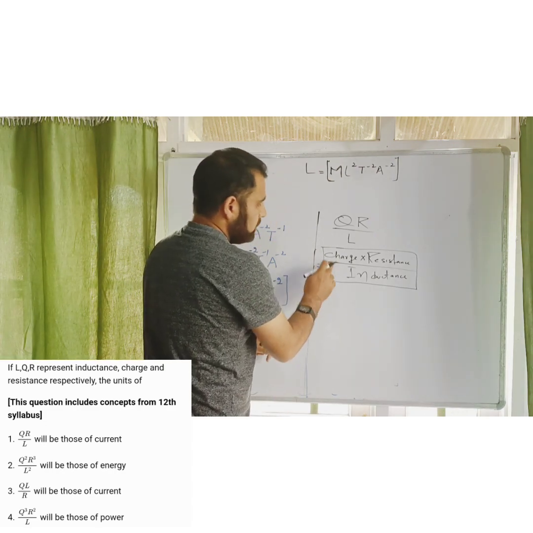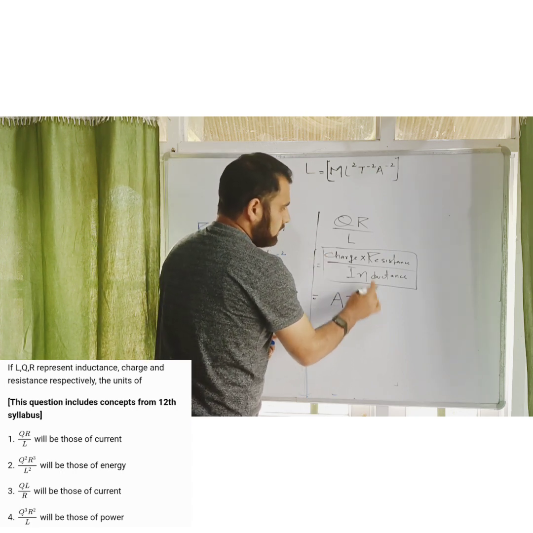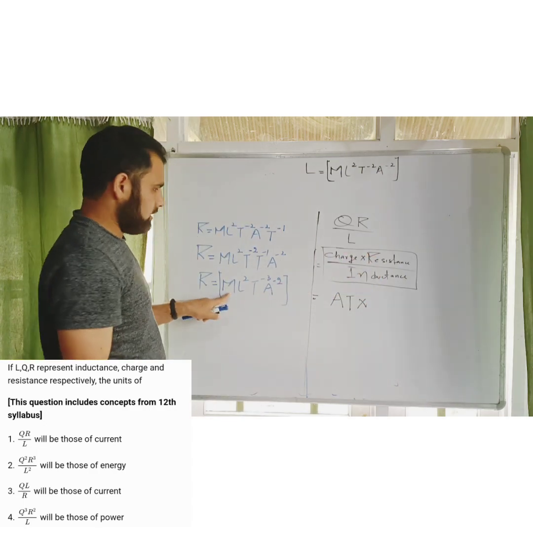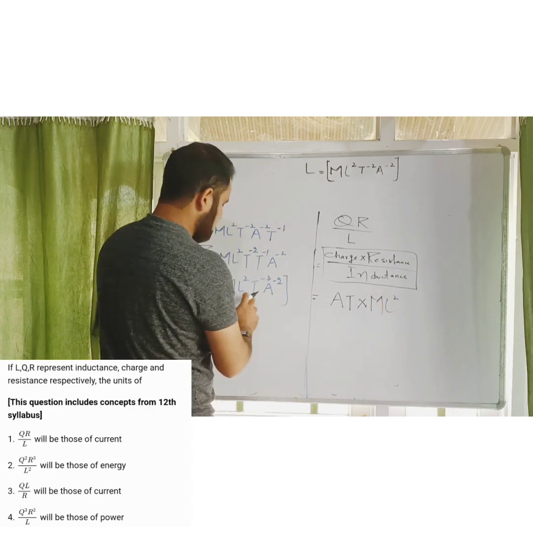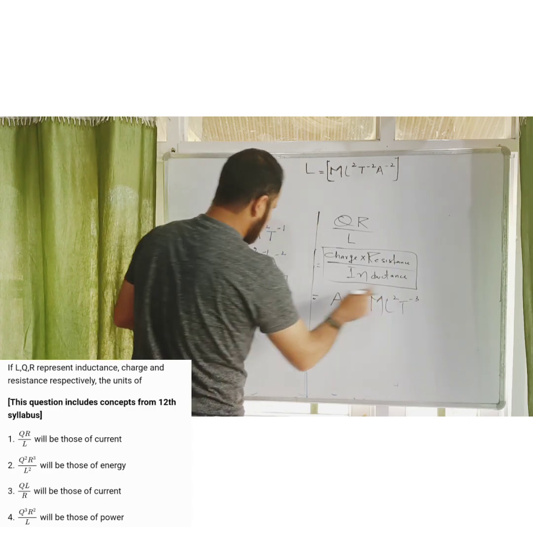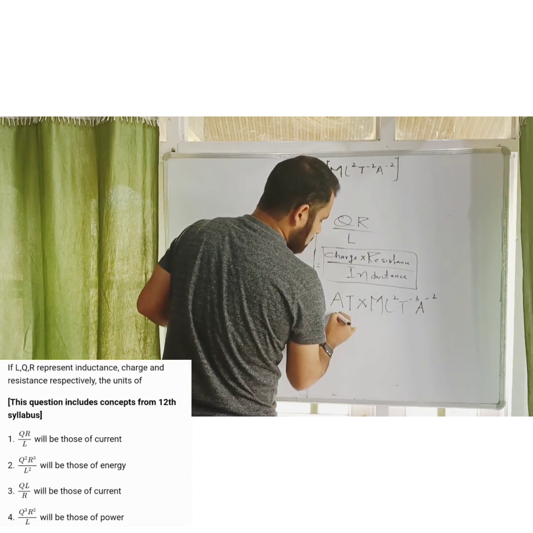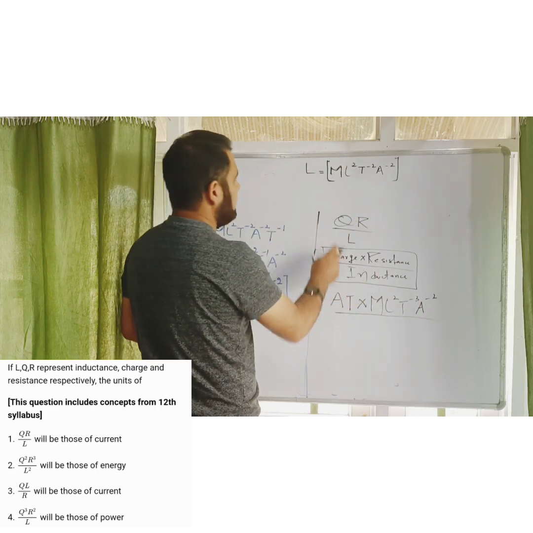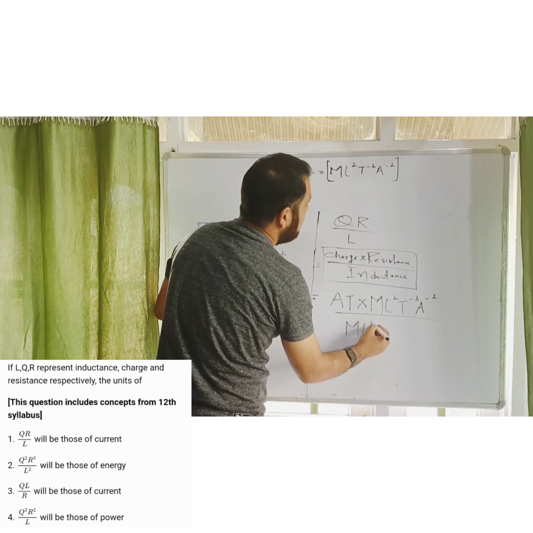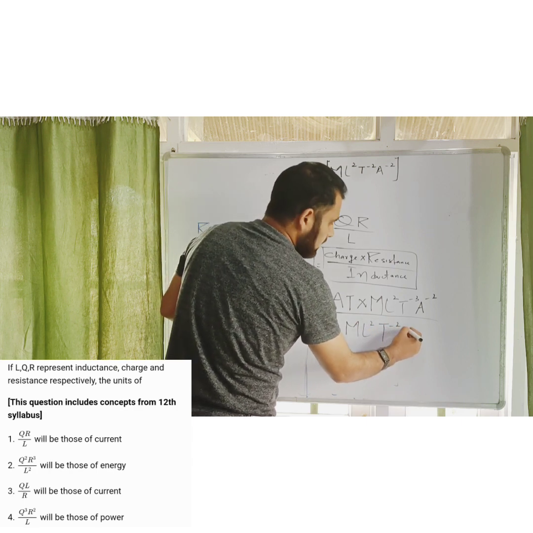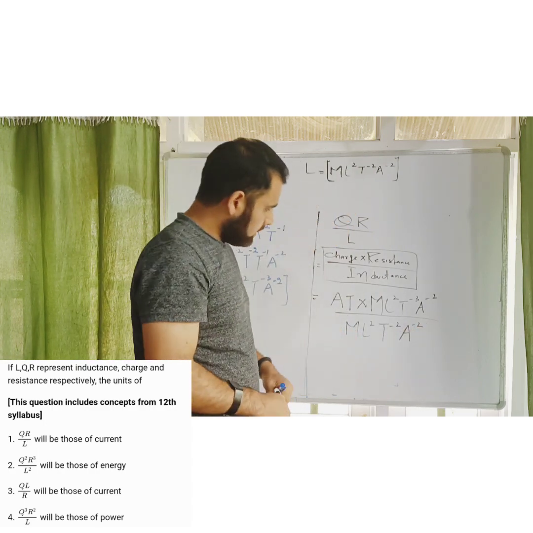So it is equal to charge. The dimensional formula of charge, you know, is A into T, into the dimensional formula of resistance, which is ML²T⁻³A⁻², whole divided by inductance. The dimensional formula of inductance is ML²T⁻²A⁻². Now you can cancel out the similar terms.